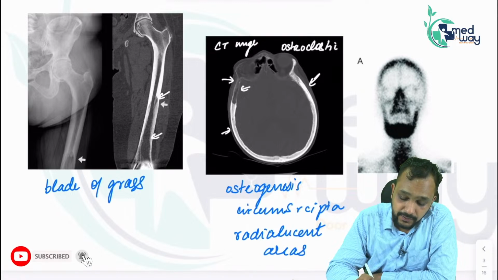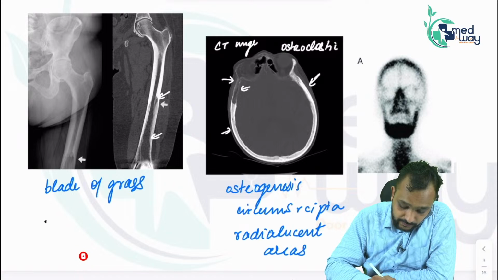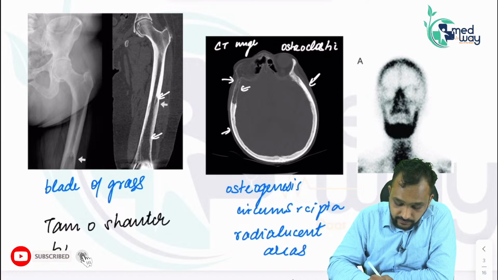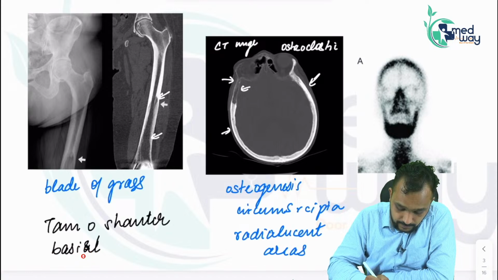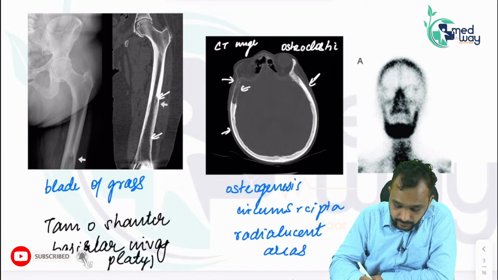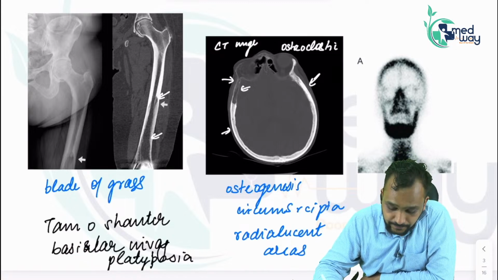Another very important appearance that you can get within the skull is the Tam O'Shanter sign. This is because of the basilar invagination, and you can also get platybasia in these patients. So the skull takes the shape of a hat, a Scottish hat, that is known as Tam O'Shanter, right?